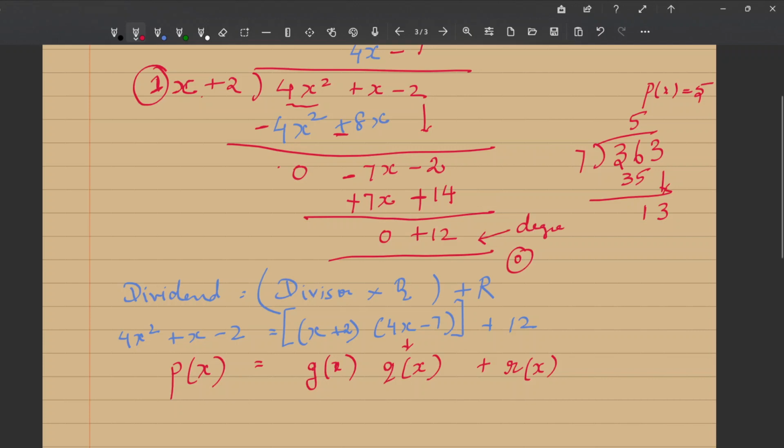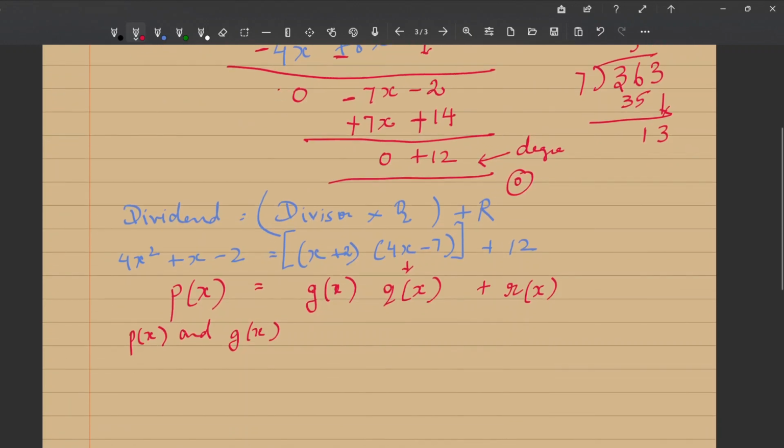So, what do we conclude here after this division? The remainder is obtained by dividing 4x squared plus x minus 2 by x plus 2. The remainder which is obtained here is 12. So, in general, if you are given any two polynomials p of x and g of x, you can always divide these two polynomials, but there are some conditions for this division, which are obvious, but let me state it.